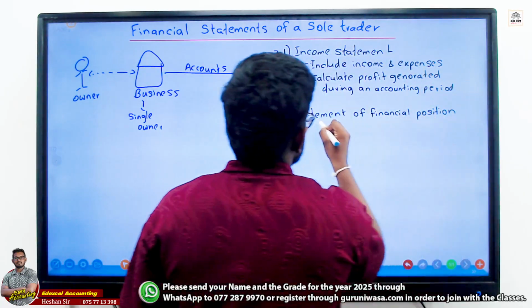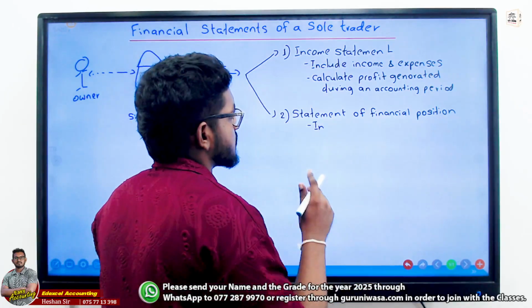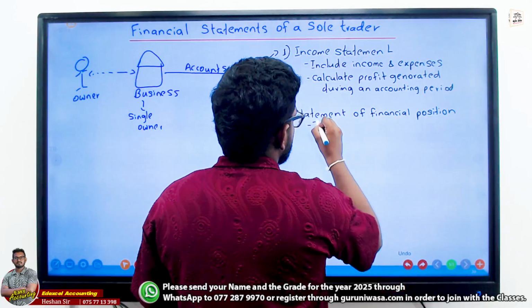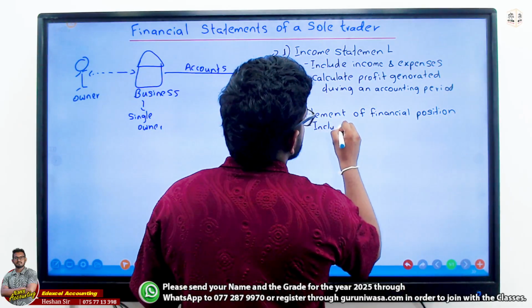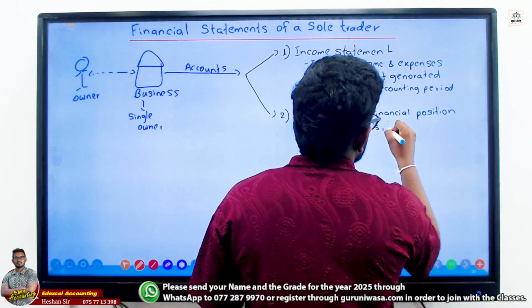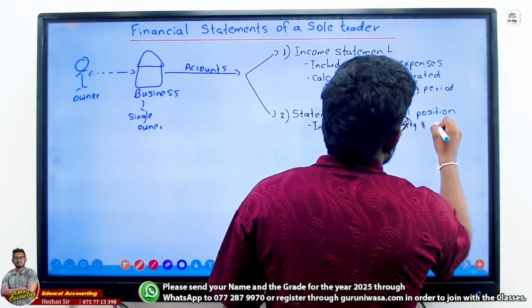When it comes to this, there are five accounting elements. Income and expenses we include in the income statement, and here we include assets, liabilities, and equity.